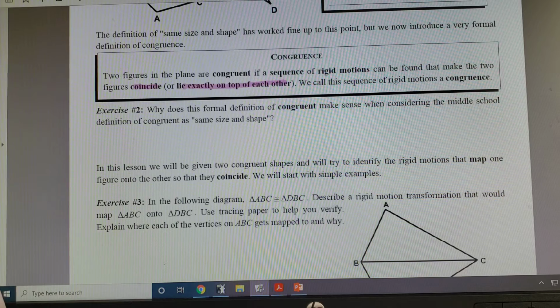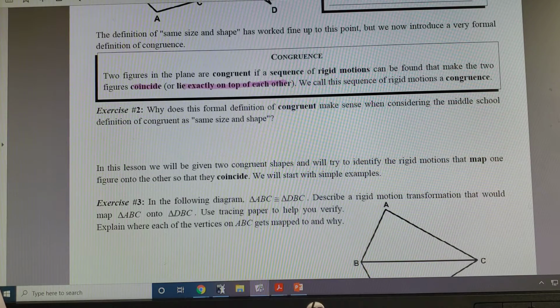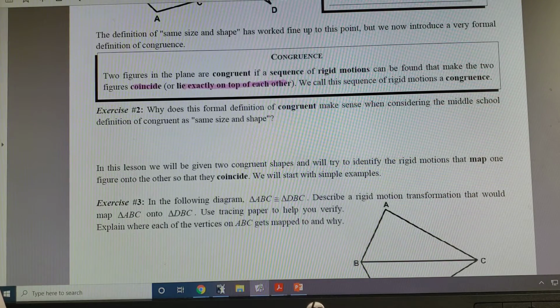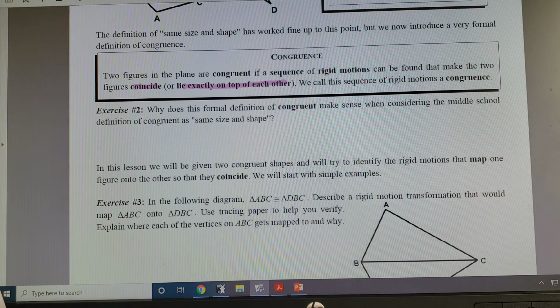Okay, so congruence just means same size, same shape. Alright, I can remember that. Number 2. Why does this formal definition of congruence make sense when considering the middle school definition of congruent as same size, same shape? Okay, so it's asking why does congruent, which means coincide, which means lie on top of each other, mean same size, same shape?